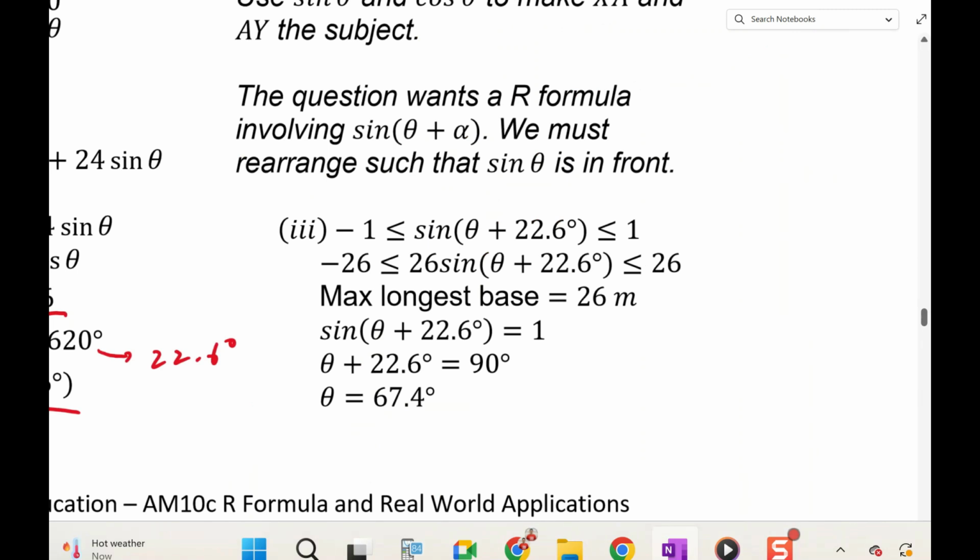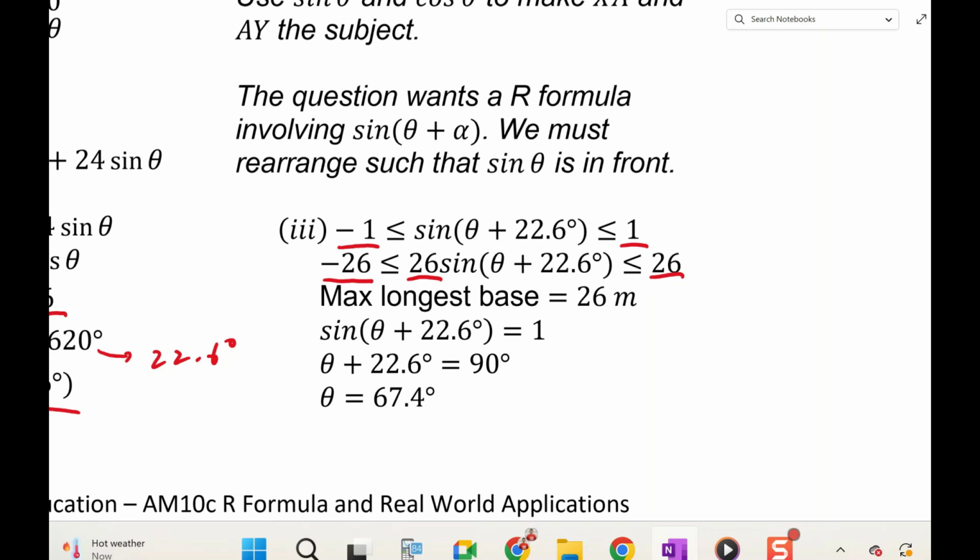We know that our minimum value of sine is -1 and our maximum value of sine is 1 from our sine graph. Then we will build on to it to form our original L expression, which means we'll multiply it by 26, and therefore multiplying the minimum value by 26 and also the maximum value by 26. That's how you get the range of -26 to 26.